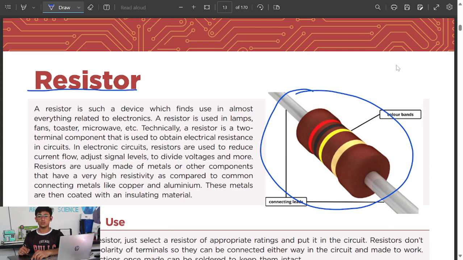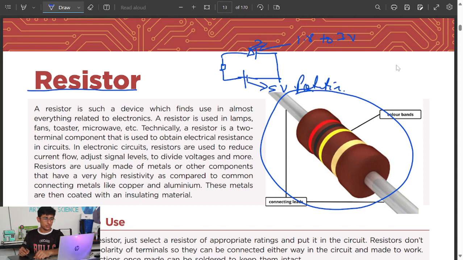Basically, it is used to control the flow of electrons in a simple circuit. When we have a higher voltage than our operating voltage, we use some resistance in between the path. Like this is our LED, whose operating voltage is 1.8 volts to 3 volts, and we have a battery which has a 5 volt potential.